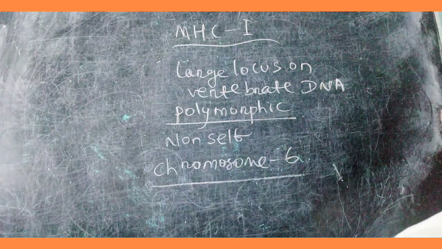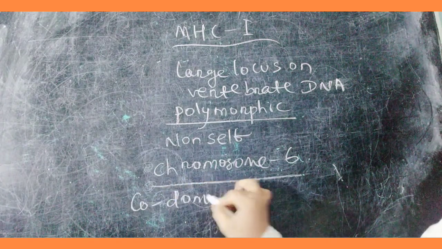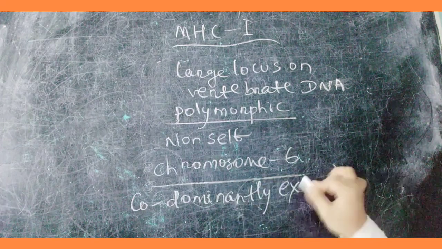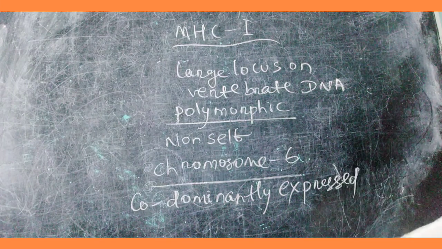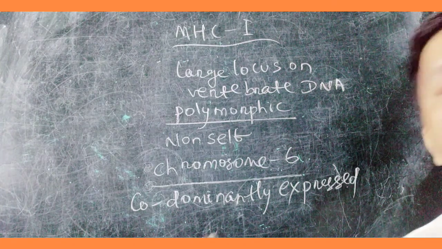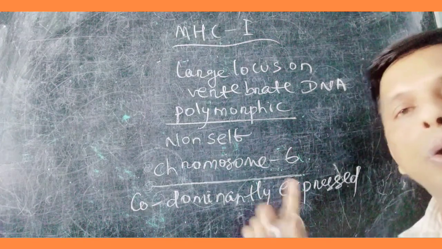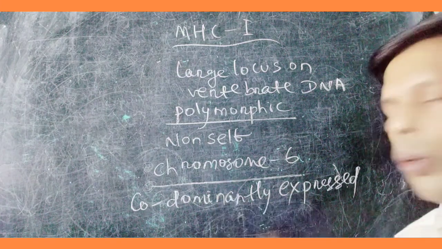What is codominant expression? Remember this term. Codominant expression deals with the expression of protein from both the paternal and maternal chromosome. So it is called codominant expression. Father or mother, both will be expressed.